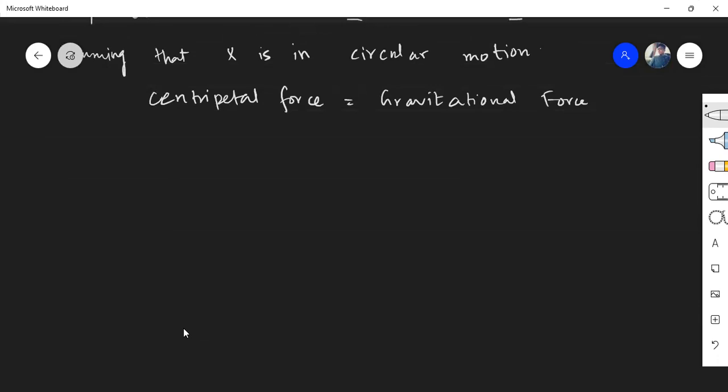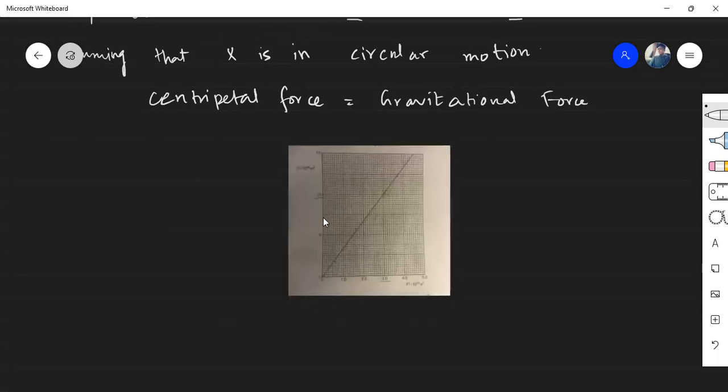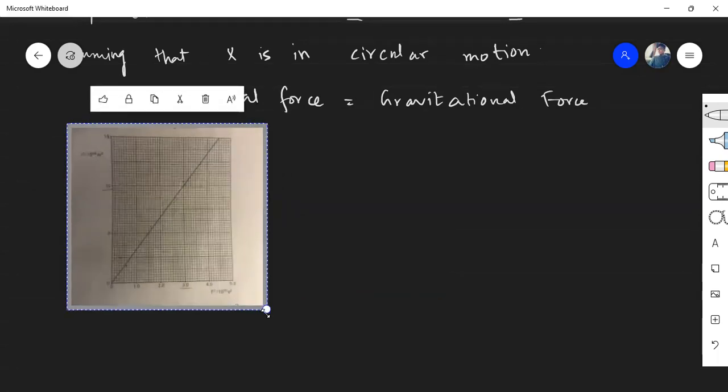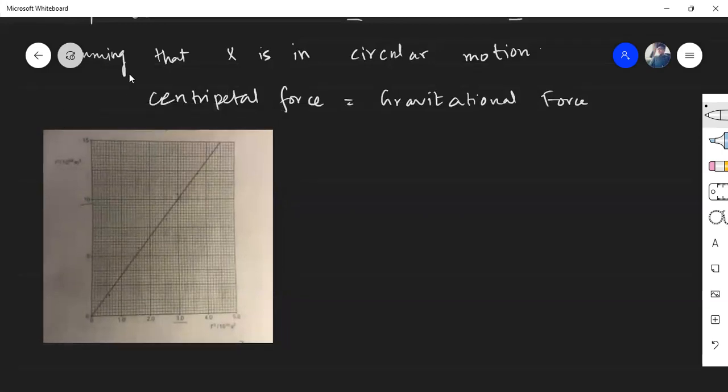So, this is the graph, okay? I'm not going to tell you what I'm going to do, but we will see how this working relates back to this graph.